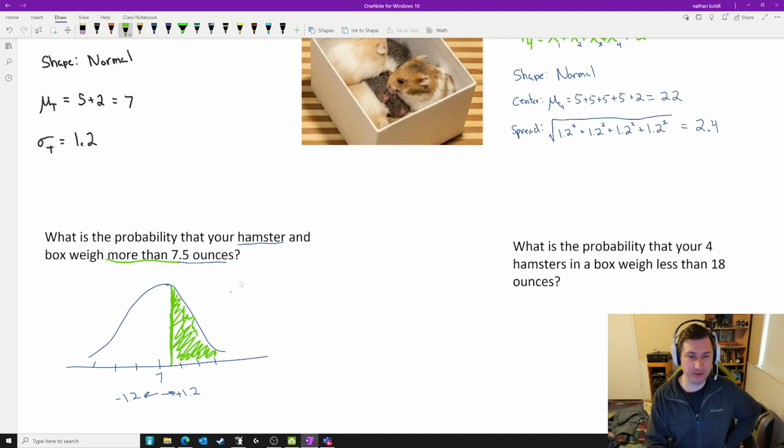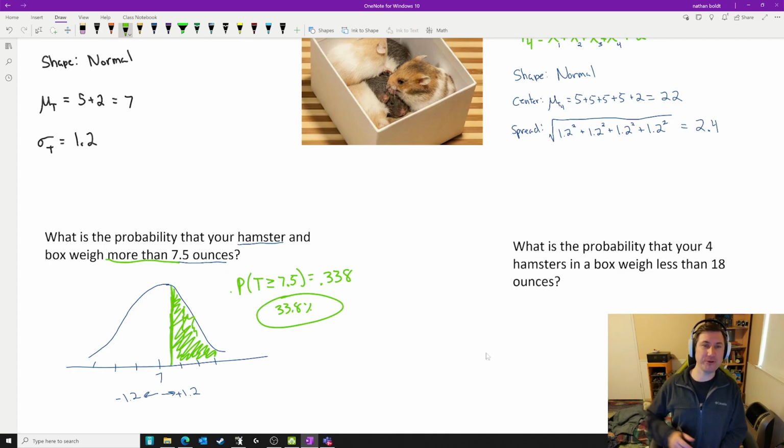So the probability that a hamster, which we called t, right? T was our variable, is greater than or equal to 7.5 is equal to 0.338. So 33.8%.